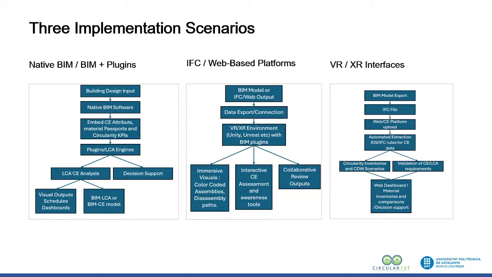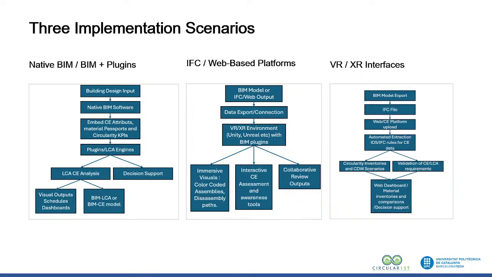In the second part, the in-depth analysis of the 18 papers, we realized that there were three main scenarios repeating in all of these papers. The first was native BIM, where we use native software like, spoiler, Revit, and then create plugins with Dynamo, etc., and then develop our project.